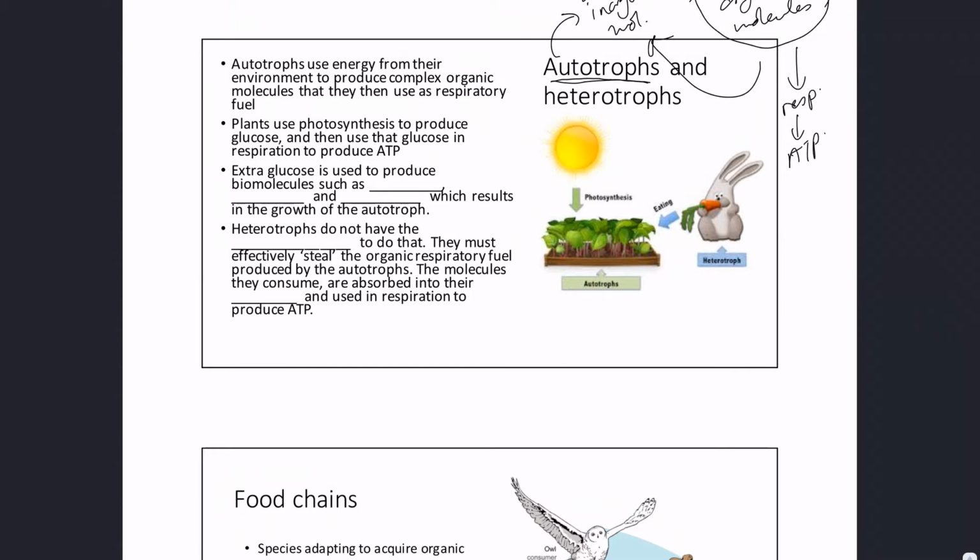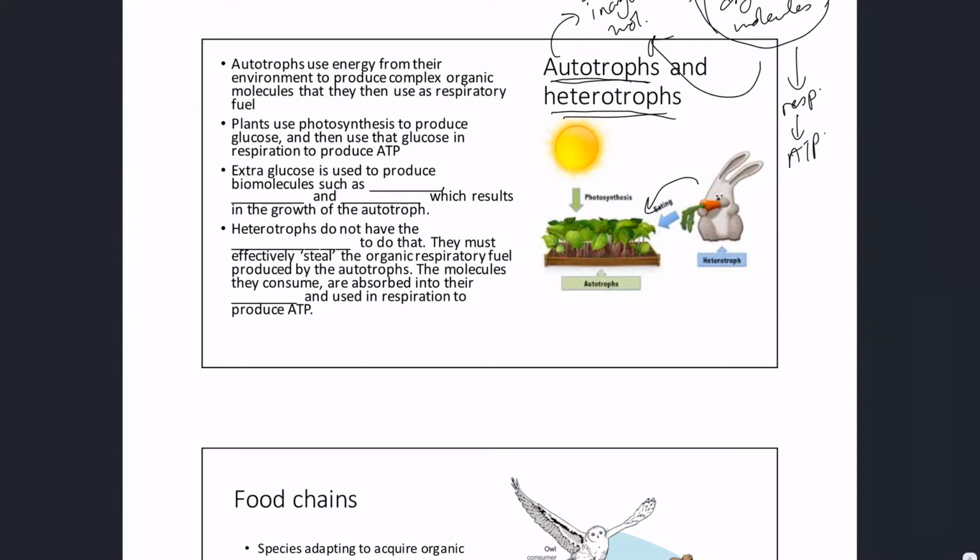So here we have two different types of organisms. They've adapted different ways of getting these complex organic molecules. We call them autotrophs, and the ones that can't make those molecules themselves, we call heterotrophs, and they simply consume the plant material, or they consume the producer.